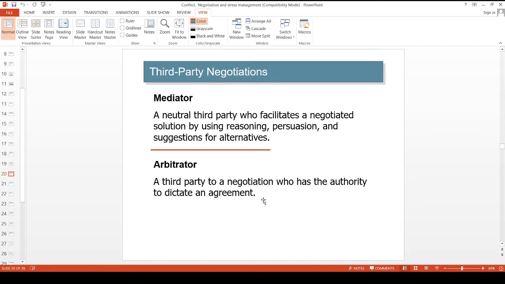There are some other approaches which can be used in negotiation. One is the mediator. We can involve a third party in order to do the negotiation or to resolve the conflict between the different parties, and that is termed a mediator. A mediator is a neutral third party who facilitates a negotiated solution by using reasoning, persuasion, and suggestions for alternatives.